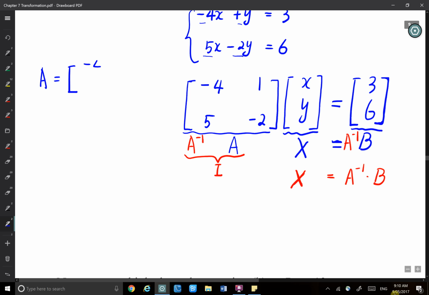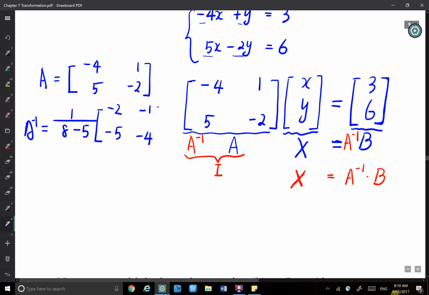A equals minus 4, 1, 5, and minus 2. So A inverse will equal 1 over AD, which is 8, minus BC, which is 5. And you will swap those two numbers and you negative the other two numbers.